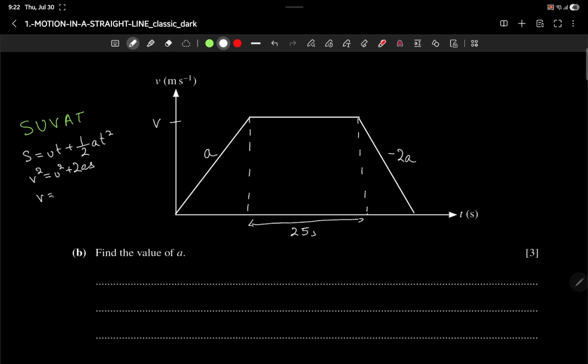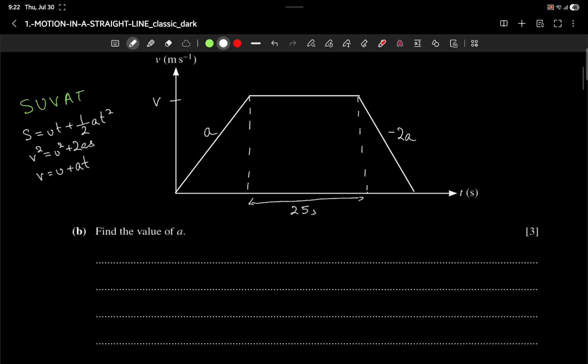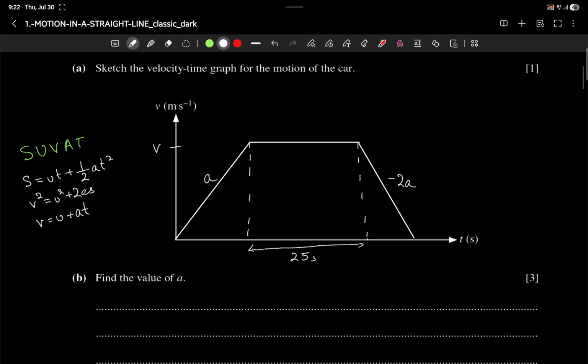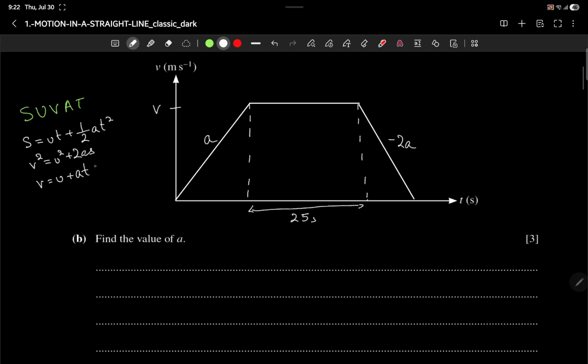Then we have v equals u plus at. These are the main formulas that we use. There are some other derivations, but we don't really need that. Over here, we know the distance it traveled, so we don't need the first or the third. We can use the second one.